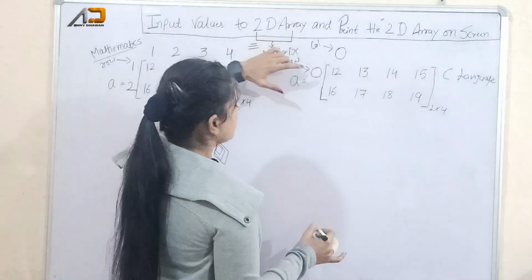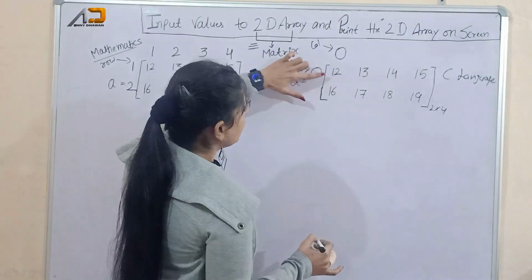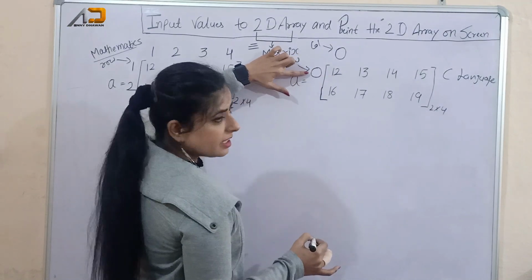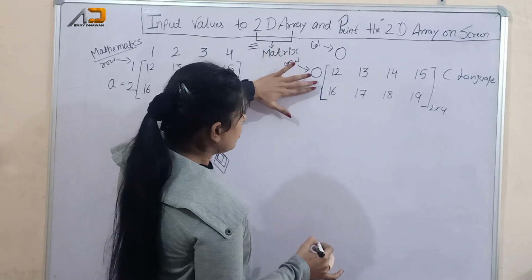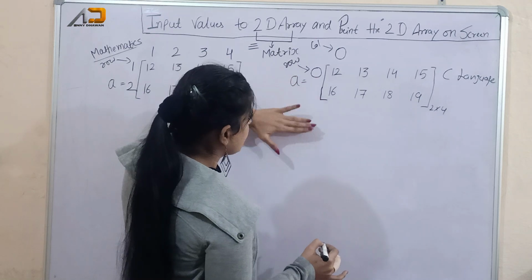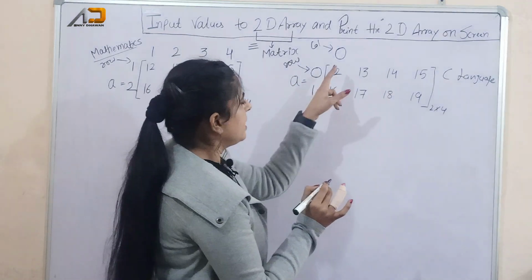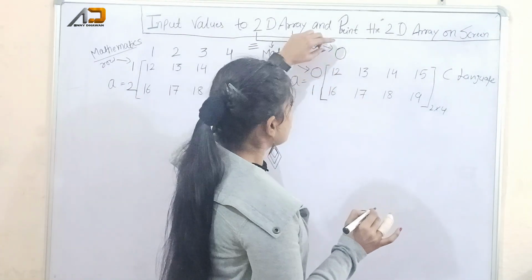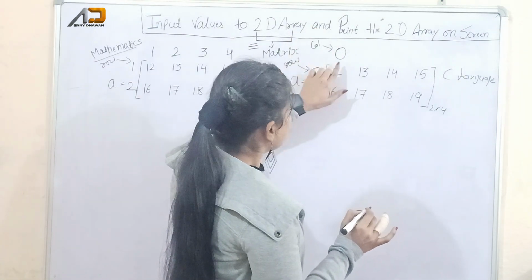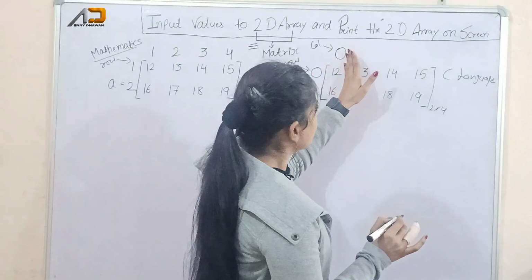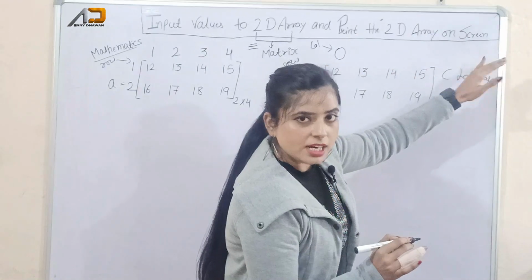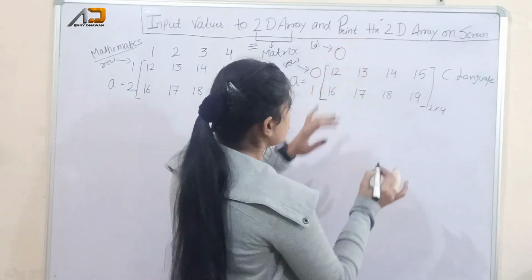That is, the first row index is 0 and it increases by 1 for each successive row in sequence. What will be the next row index? 1 here. And the first column index is 0 and it increases by 1 for each successive column in the sequence. What will be the next column index?